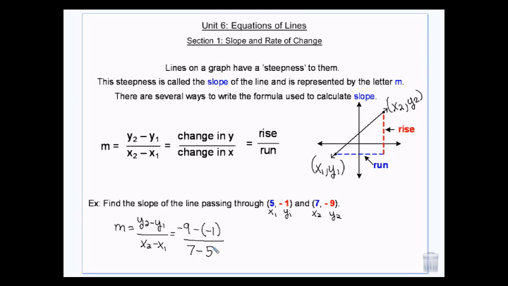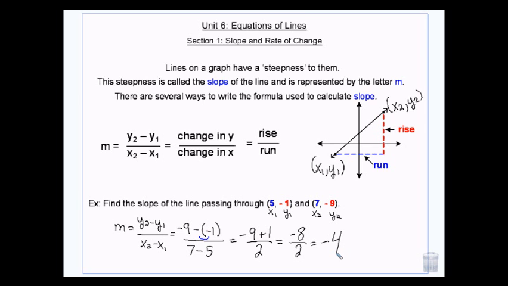Now my negative minus a negative is positive. So I get -9 plus 1 divided by 2. And -9 plus 1 is -8 divided by 2, and -8 divided by 2 is -4.